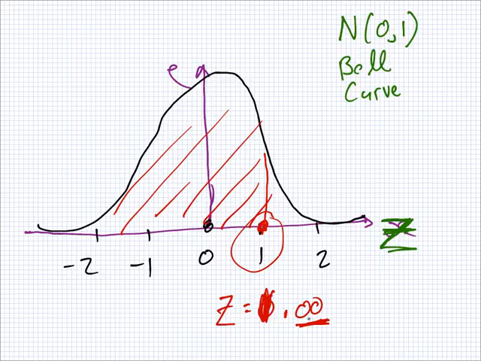So 84% of the numbers will be less than 1. By using this, we go down to 1 and we go across, and this is 0.84. Yeah, can you see? 0.8413.